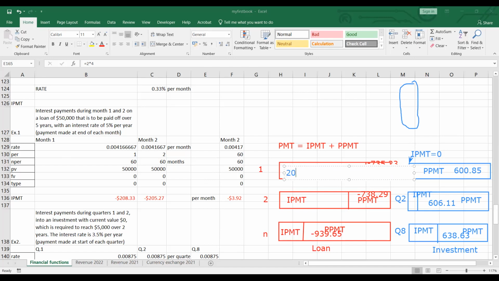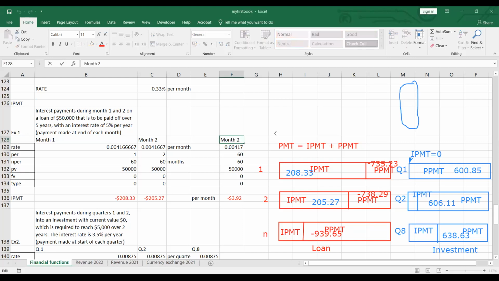First month 208.33, second month 527, and on month 60, sorry, this is month 60, it is 392.